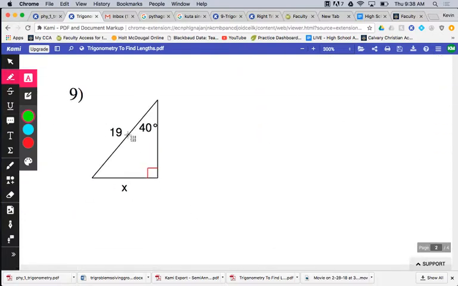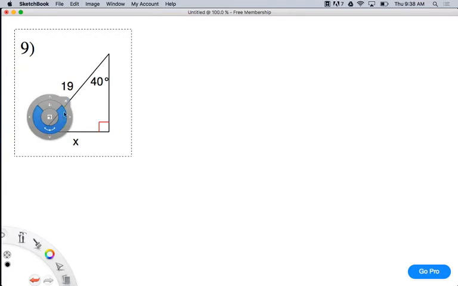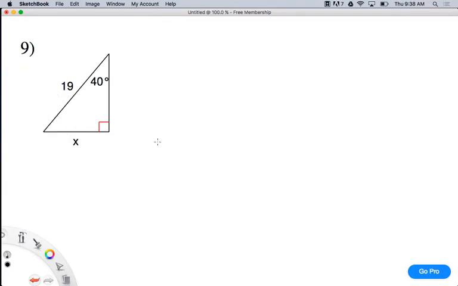Here we go. Number 9. Identify the angle. Identify the hypotenuse. This side is not touching the angle, it's opposite the angle. So what am I going to use, sine or cosine?